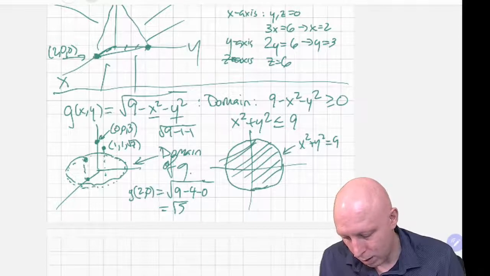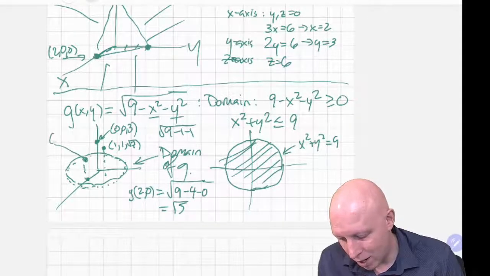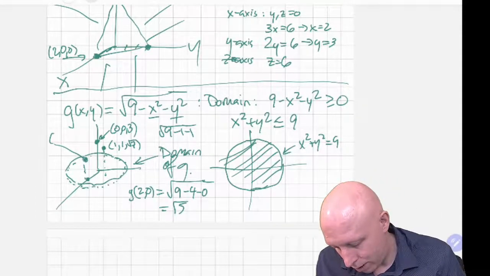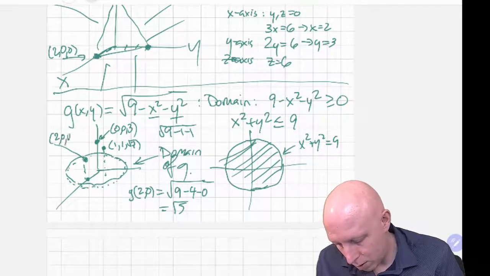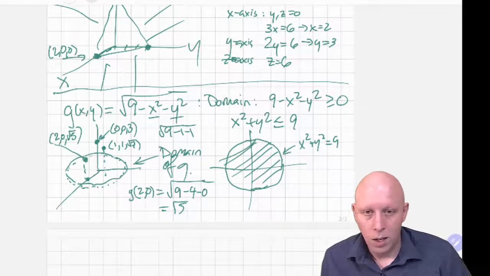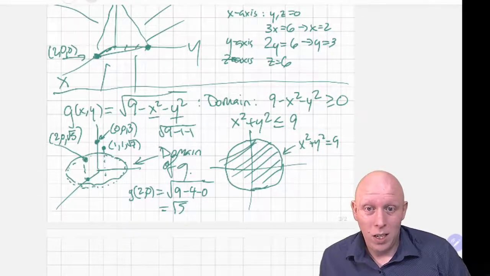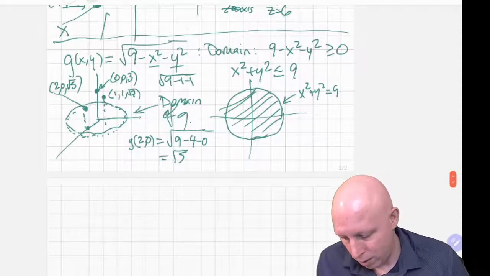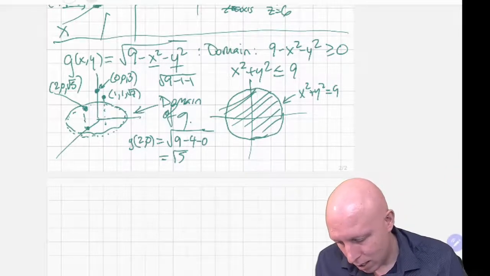Okay, so you can see this is going to get rather tedious if you wanted to do all the points. So 2, 0, root 5. All right, well, let's try to do this in a smarter way.